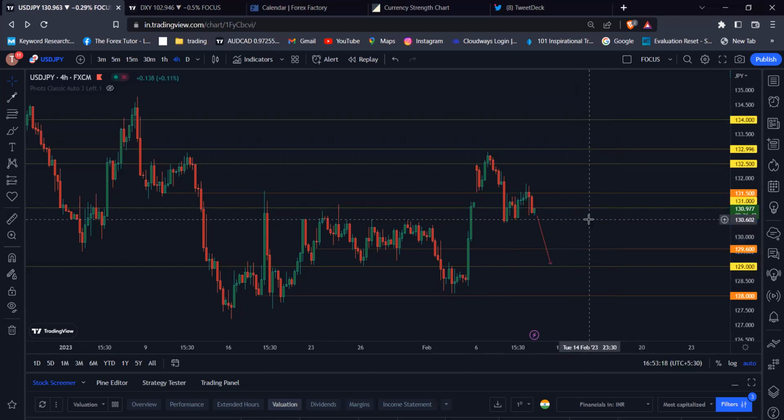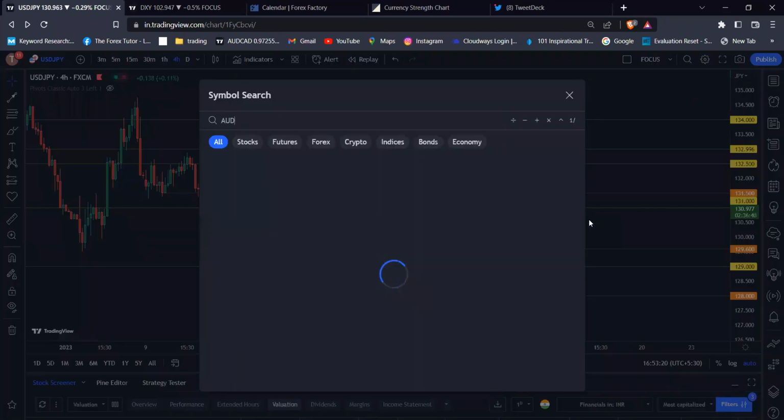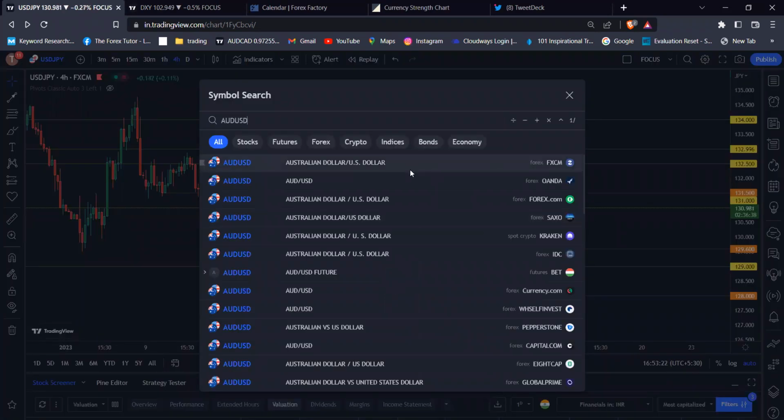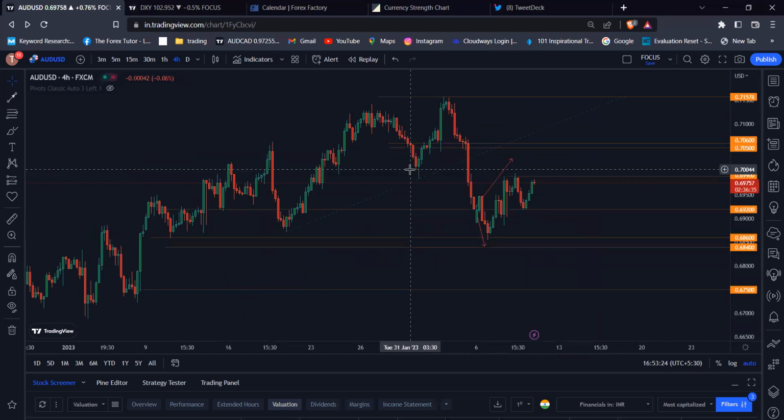So our last pair should be the Aussie USD. If you see that after the NFP data, the Aussie USD bearish momentum can continue, but if you look at the RBA rate hike, then Aussie gains some momentum, very slowly.